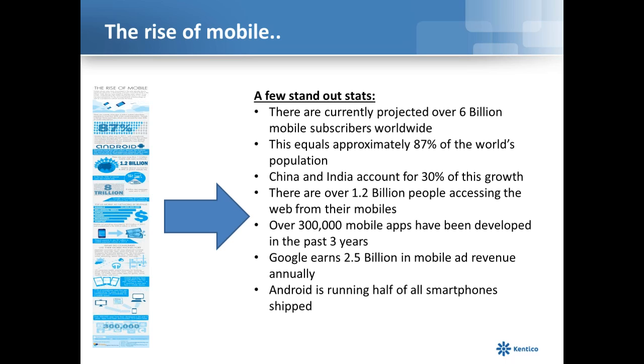The amount of mobile penetration in the world today is pretty startling, with the growth coming pretty heavily from areas like China and India, where the infrastructure is just starting to catch up. And I know, for example, in the U.S. we have hard lines in the ground, which has really been one of the big issues with cell, but we're starting to see that growth pick up as well.